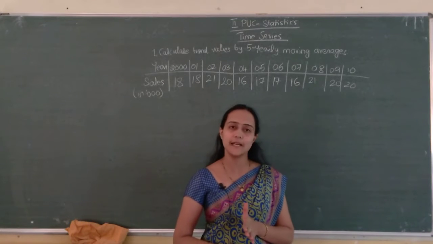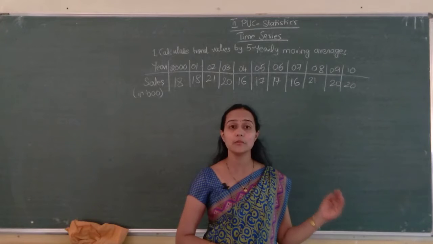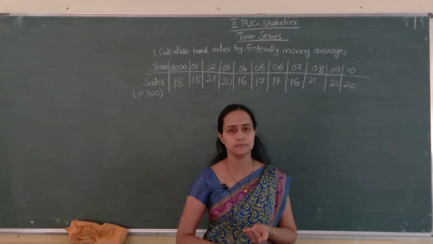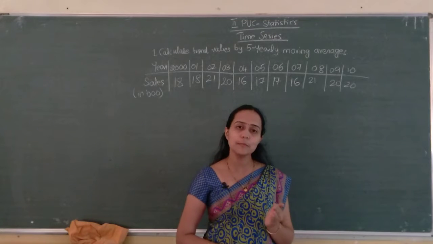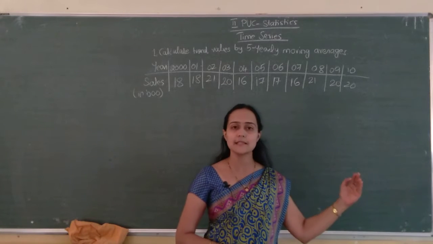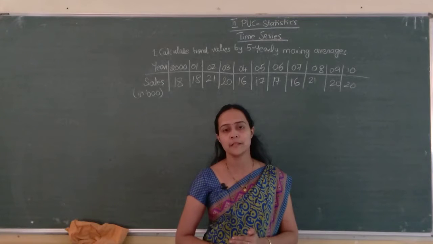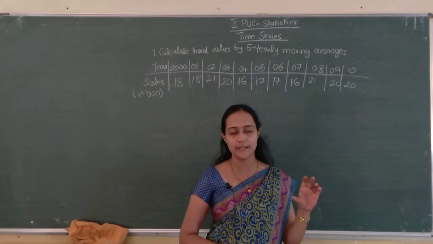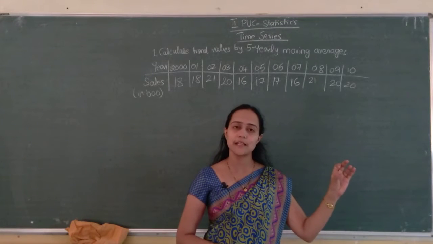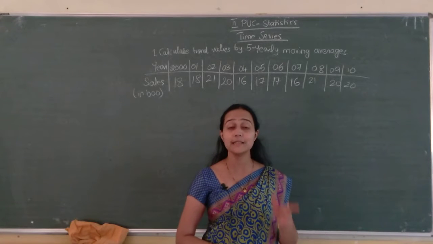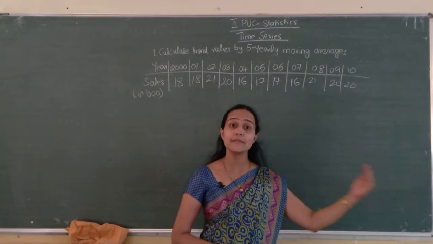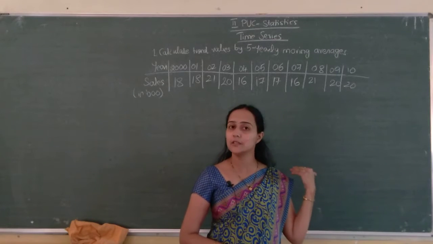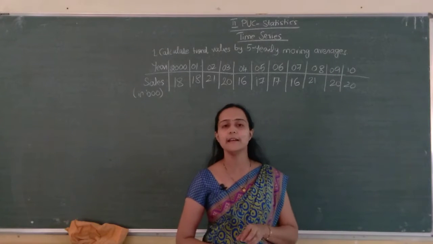After that, trend values means 5 yearly moving totals divided by 5. Remember one thing: there won't be trend values for the first 2 and last 2 years. For all the middle years it will be there. In 3 yearly moving average, there won't be trend values for the first one and last one. Here it won't be there for the first 2 and last 2.